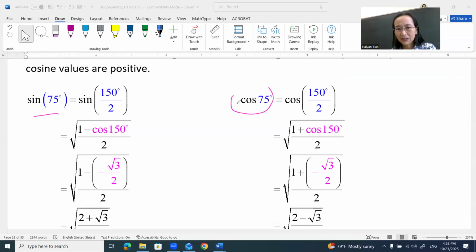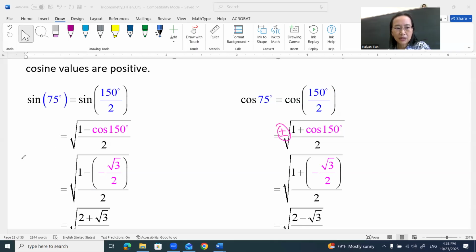The cosine 75 degrees is very similar. The formula is either plus or minus, right? Because 75 is just half of this angle. So we could again use the half angle identity, but for cosine. Then we can use either plus or minus, since 75 degrees is an acute angle, so we still take a positive sign.